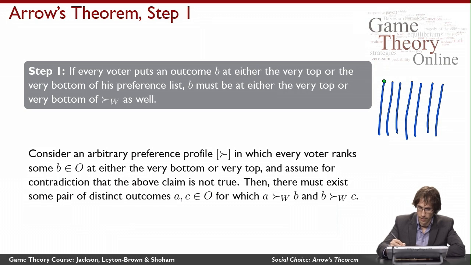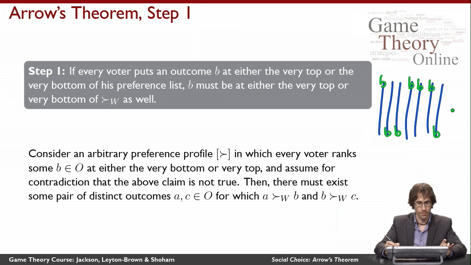What I'm saying here is that each agent has to put B either at the top or the bottom. It doesn't matter which, but they have to put it either at the top or at the bottom. And what I want to claim is that the social welfare function then has to do the same thing. It either has to go here at the top or it has to go here at the bottom. So let's see why that would be true.